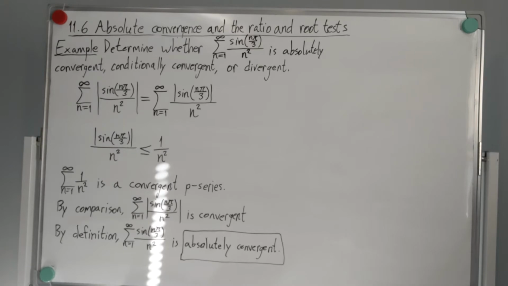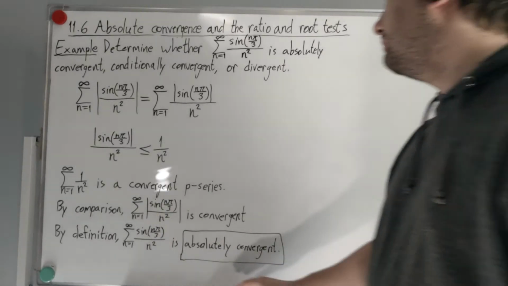All right, let's look at another example. So this one is similar. It's going to be the sine of n pi over 6 divided by 1 plus n root n.